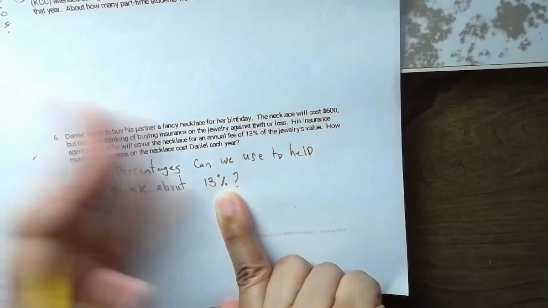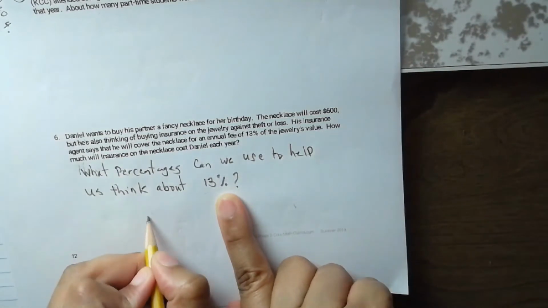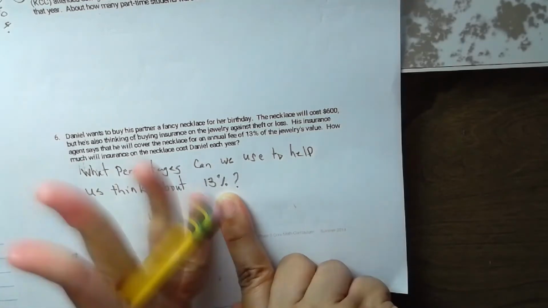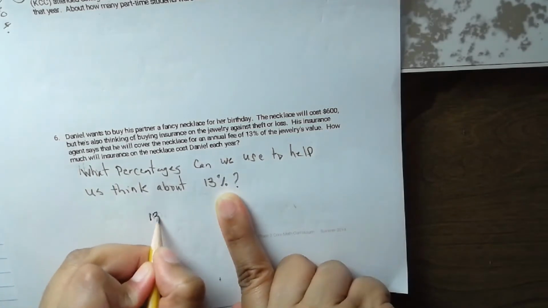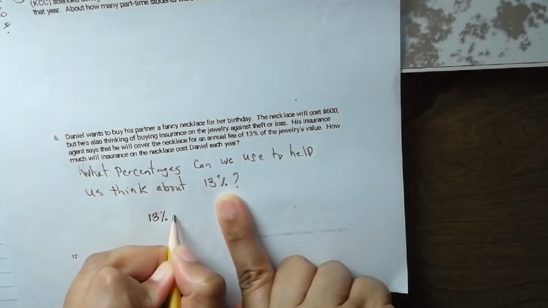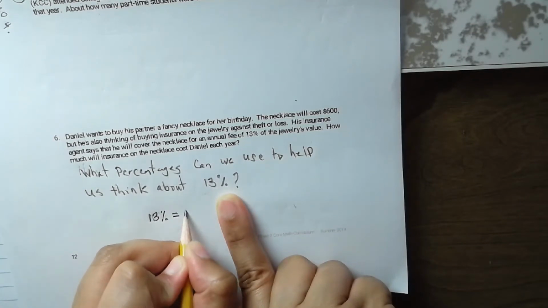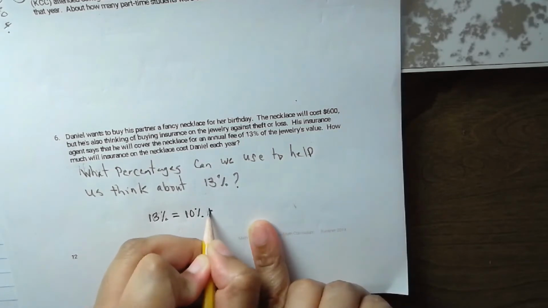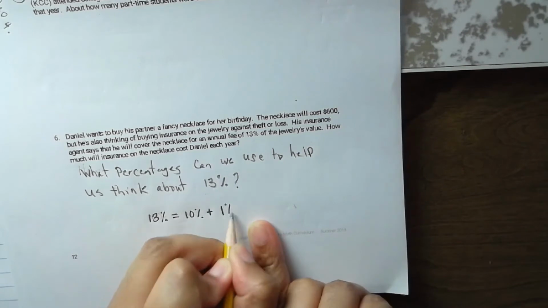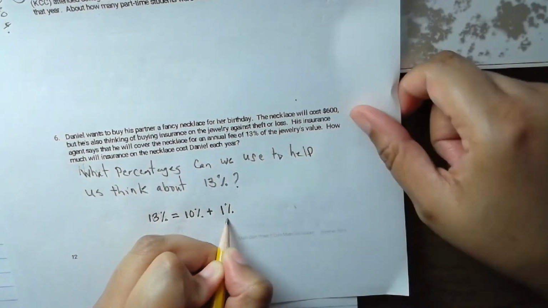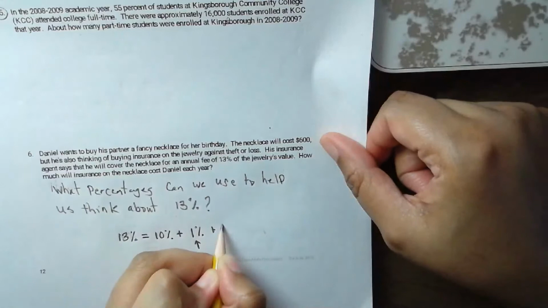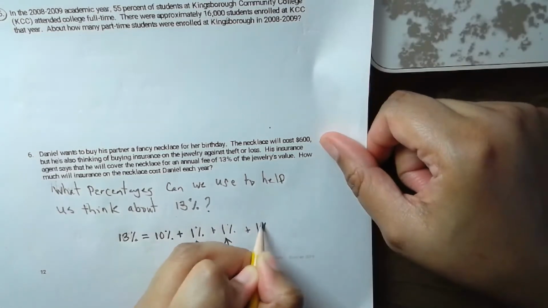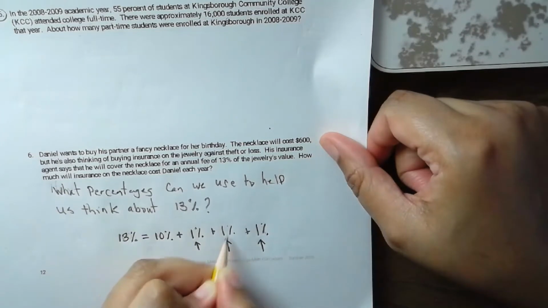Okay, so to do this, we could think of 13% as 10% plus 1% — that's something we don't know how to do yet — plus 1% plus 1%. Okay, so that's a way to do that.